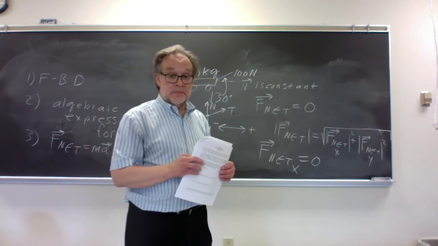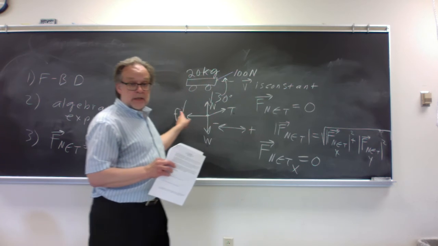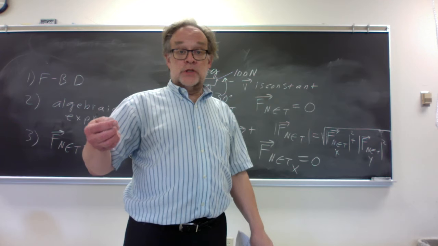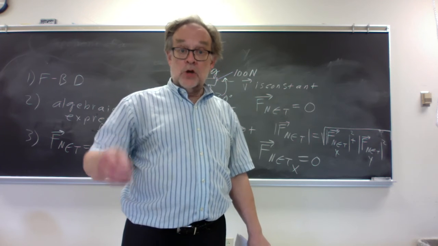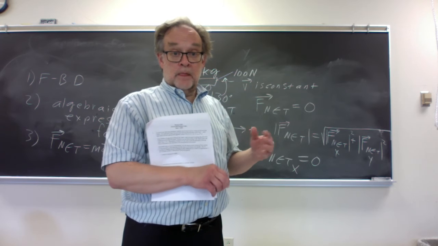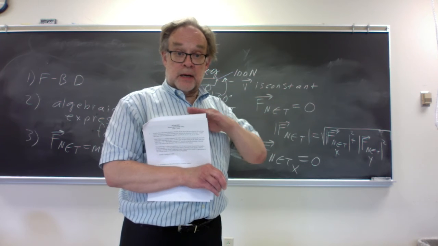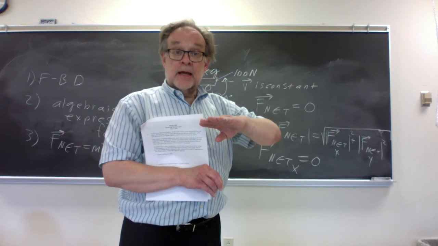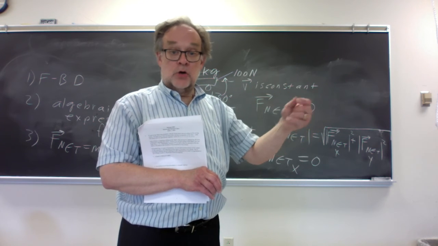In this case, we go to the next step here and write down an algebraic expression that shows how forces combine to give you the net force. We have to do that twice. We have to show how forces or their components combine to give you the net horizontal force, and that's going to add up to 0.